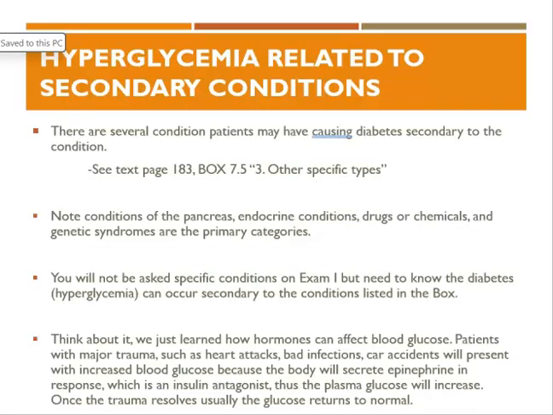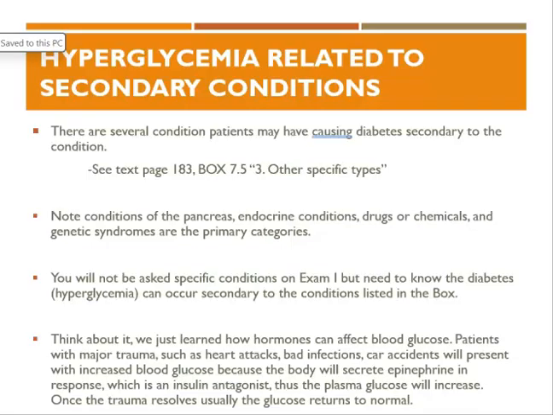If you turn to page 187 in your textbook, there is a box 7.5 that will show you all 4 types of diabetes mellitus. Under other specific types, it'll show you different conditions that can cause diabetes secondary to other conditions.